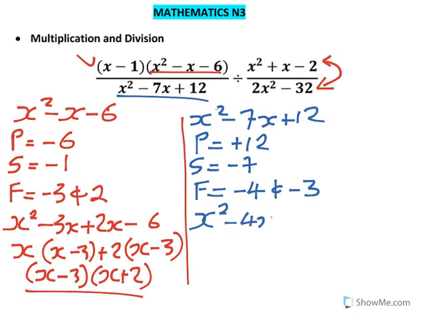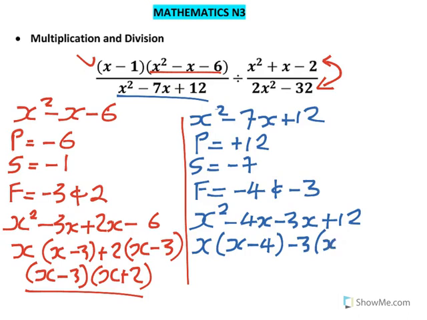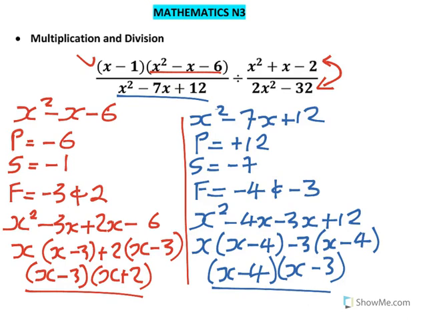Minus 4x minus 3x gives us minus 7x plus 12. So you have got x common there as x times x minus 4 minus 3 times x minus 4, because the negative will override the positive there. You have x minus 4 and x minus 3.